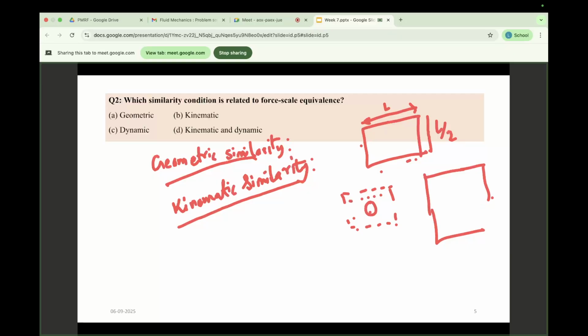That is the principle of kinematic similarity. In the previous one, only length and similar dimensions get the symmetric features, whereas in kinematic we deal with velocity and acceleration. Third is dynamic.